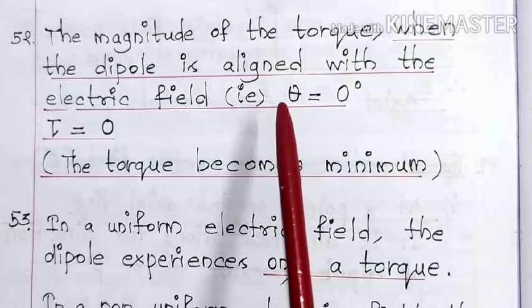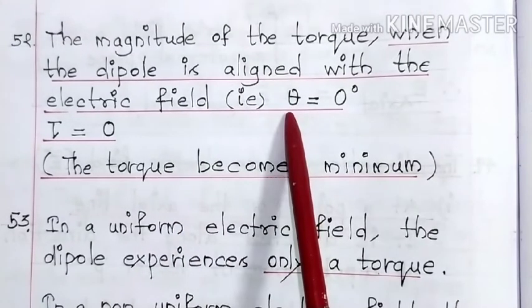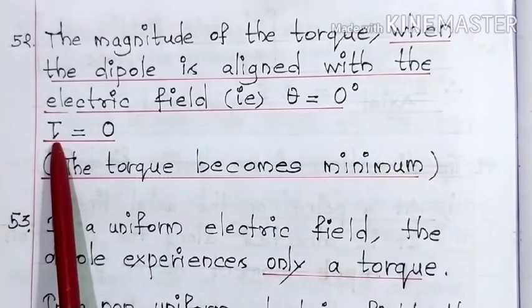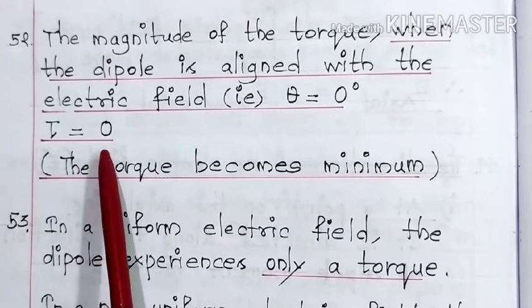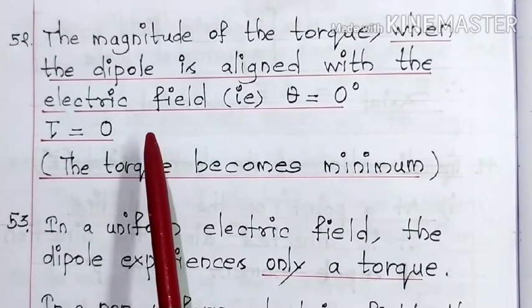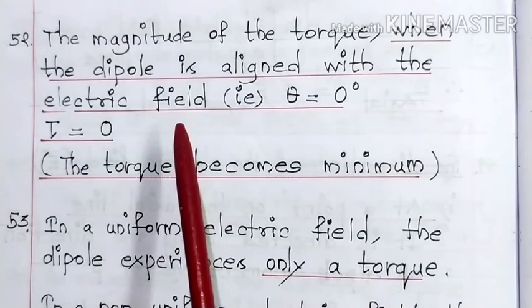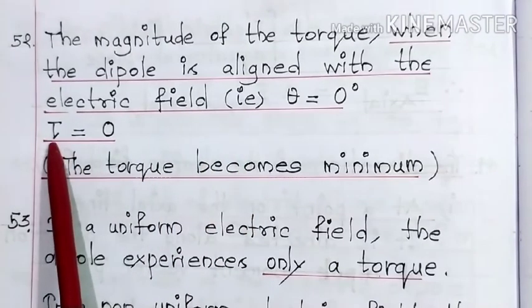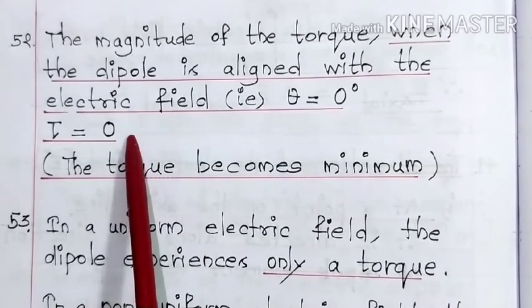So what happens to the angle? Here the angle becomes 0. So what is the expression for tau? Tau is equal to pE sin theta. If we substitute sin 0, what is the value for sin 0? 0. So altogether the torque, that is the tau, becomes 0.